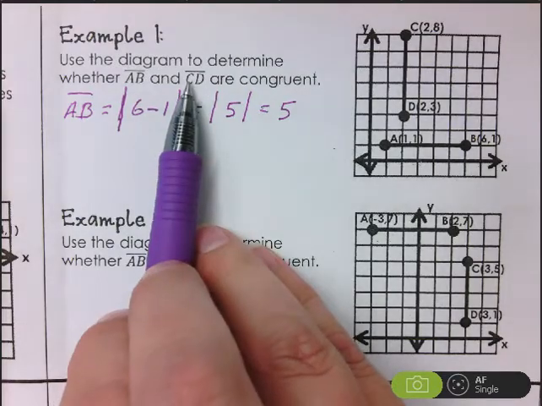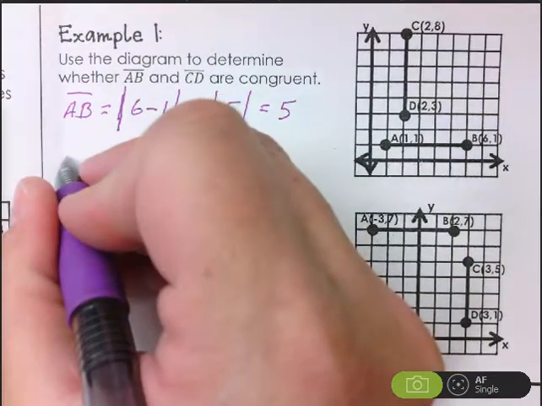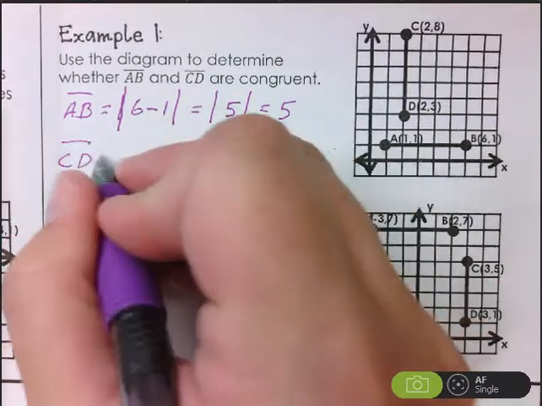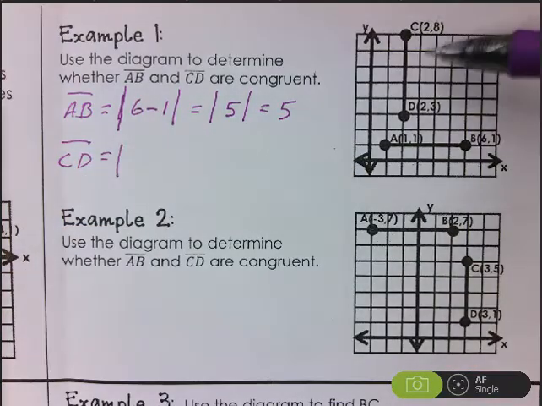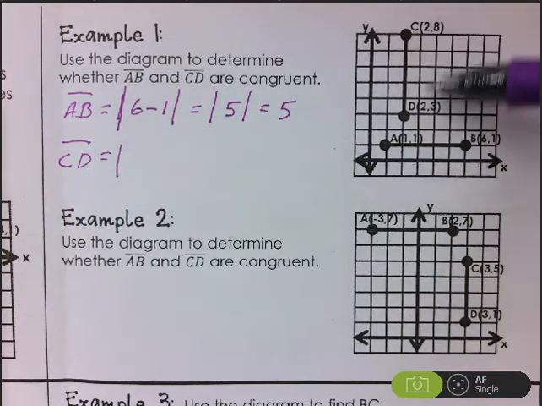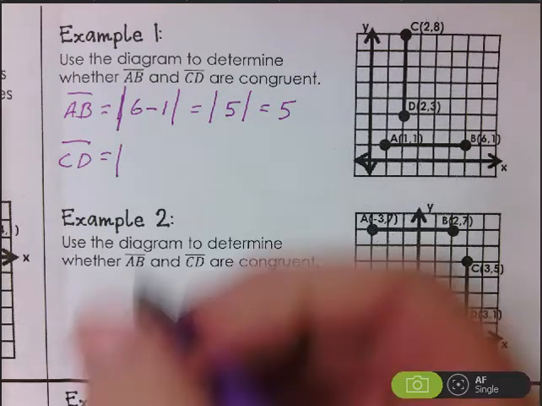We're going to do the same thing for segment CD. Now CD is going vertically, so our x's are going to be the same, so we're looking at our y's this time. We have a 3 and then 8.